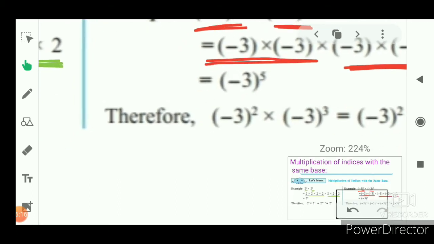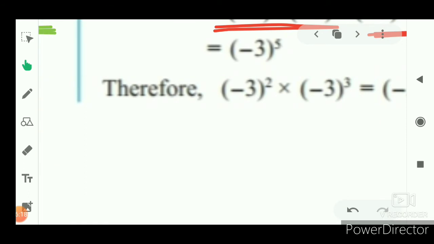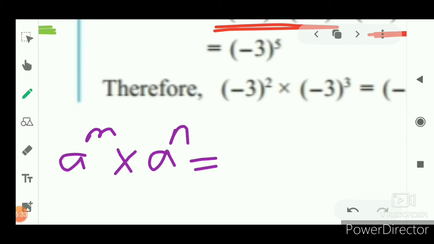It means that when we multiply the two indices with the same base, suppose this is one indices a raised to power m into a raised to power n. These are the two indices and we multiply them.